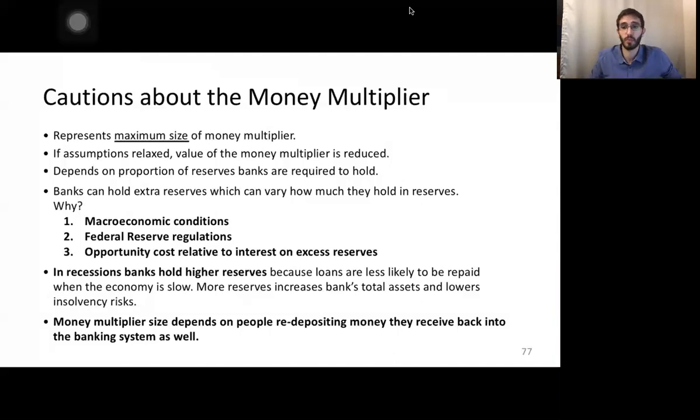But banks can choose to hold more excess reserves. Why? Due to macroeconomic conditions, like I said, a recession can alter the bank's view about how much of a protective cushion it needs during that time period. Or Federal Reserve regulations could change and incentivize them to hold excess reserves. For example, in 2011, the central bank decided to pay interest on excess reserves.